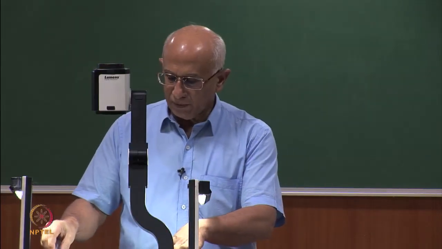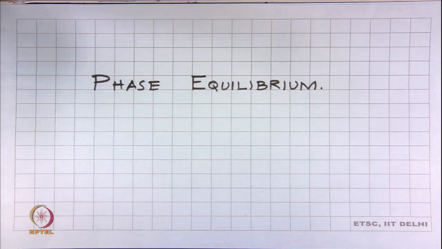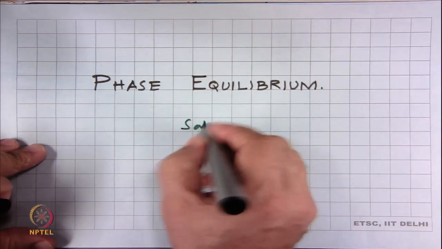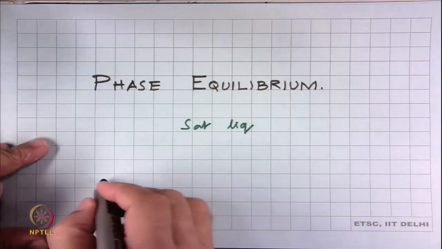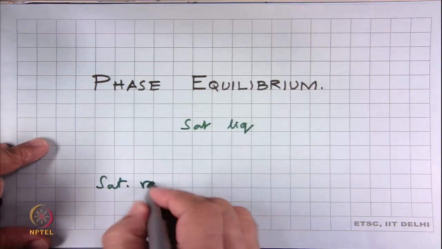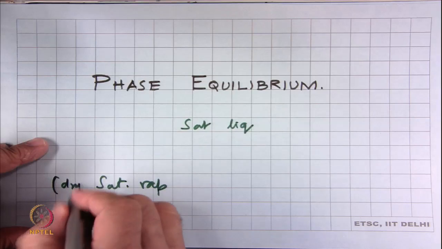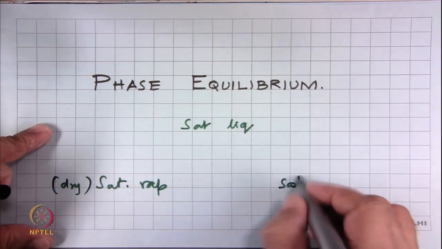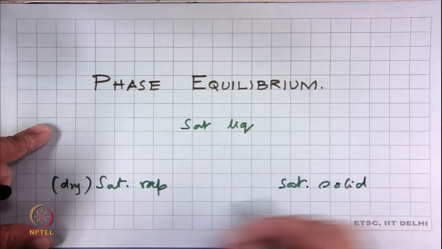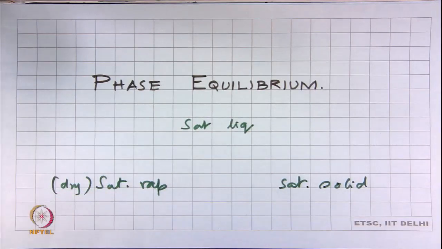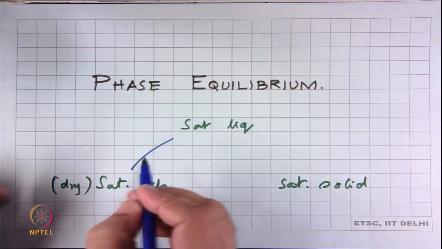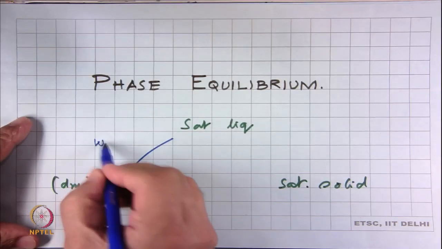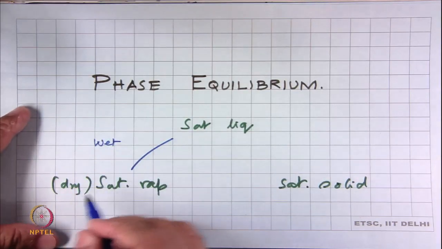We now come to the topic of phase equilibrium, and we are now looking at situations where you have three phases which can possibly exist in equilibrium with one another: saturated liquid, saturated vapor, or even call it dry saturated vapor, and saturated solid. So, we have several possible combinations. These two could exist in equilibrium, liquid and vapor, which is what we called earlier a wet state.